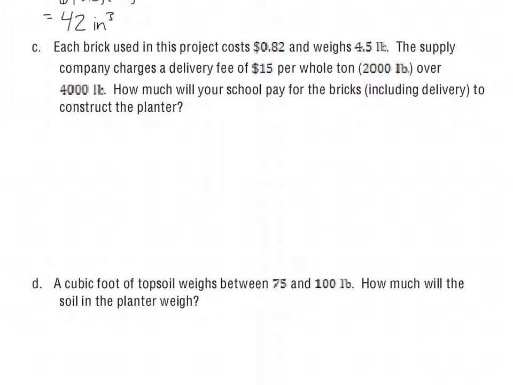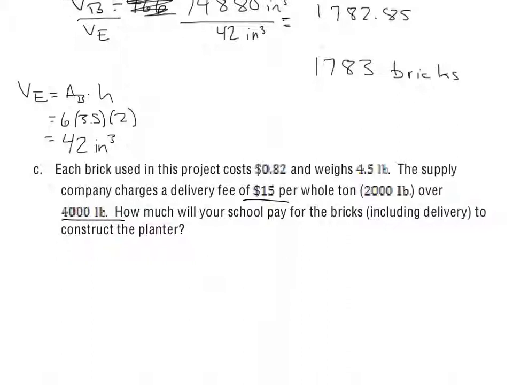So in order to find out how much the delivery charge is, we need to figure out how many pounds they weigh, because if it weighs more than 4,000 pounds, then we're going to have to pay $15 for every ton over that weight. So let's start by finding the weight. How would we find the weight? We know how many bricks, we know how many each weighs. So go ahead and find our total weight.